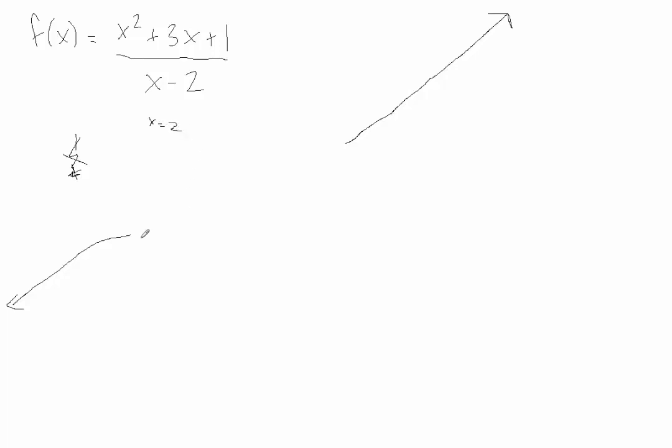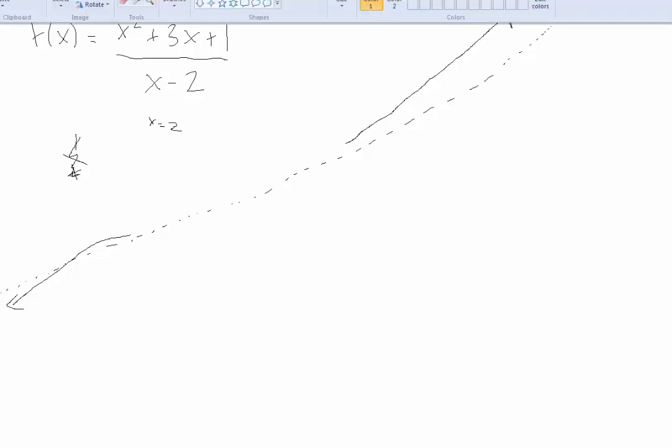And also what we're going to have is an asymptote. Let's see if I can draw this with my fancy tool here. Let me adjust this just a little bit.